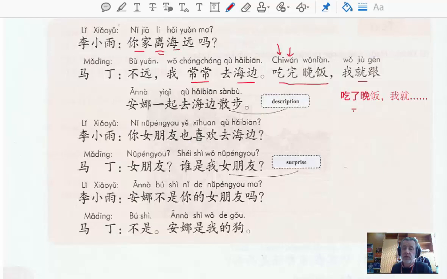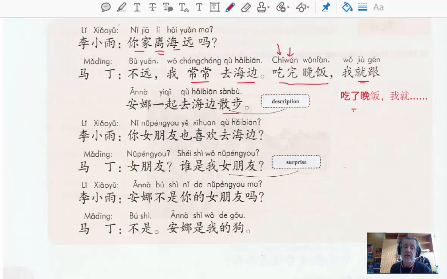Now the 就 here basically means that after this first thing is done, then pretty much straight away the next thing I do is go to the seaside with Anna to 散步.